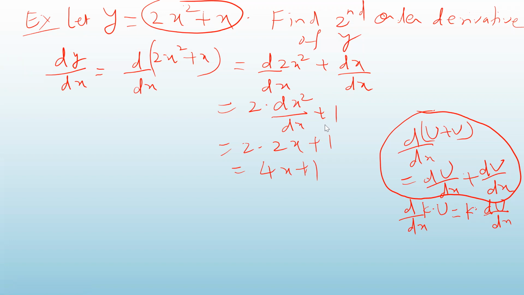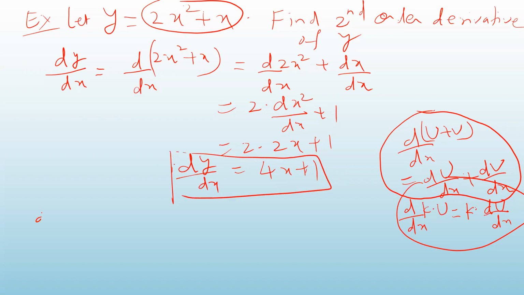And you know the derivative of x is 1. So the derivative of x square is 2x, and this will give me 4x plus 1. I'm writing the formula here also simultaneously. So the first order derivative is coming as 4x plus 1.